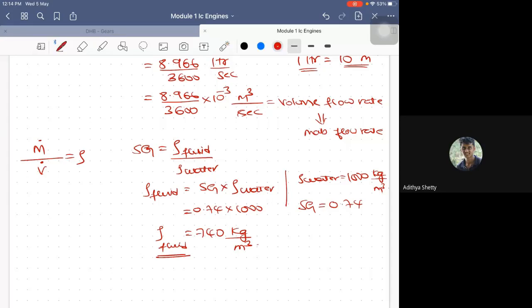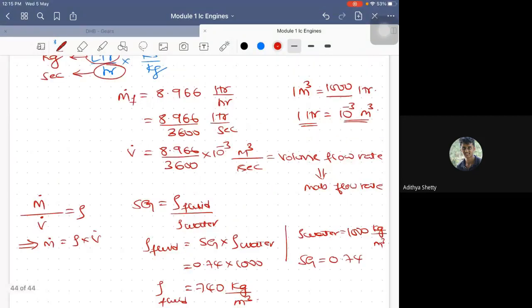So just substitute. Here the mass flow rate is equal to rho into the volume flow rate. Whatever you have observed here is the volume flow rate. Even this is also a volume flow rate. He has given the volume flow rate, and we need to convert it into the mass flow rate.